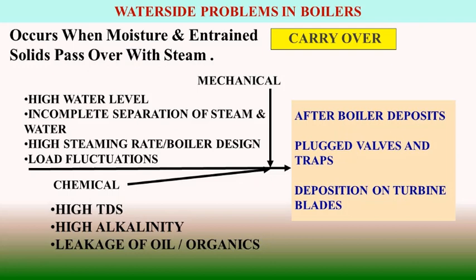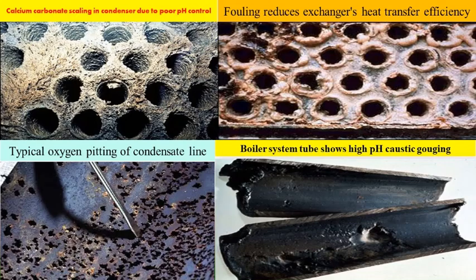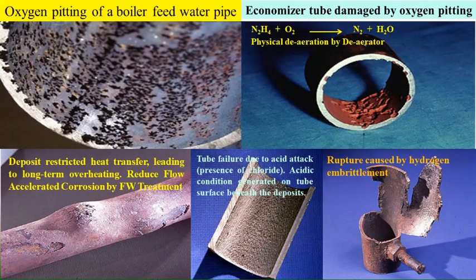Here we are showing a few impacts of impurities in the tube metal passages, due to calcium carbonate scaling in the condenser, or fouling in the heaters, heat exchanger, heat transfer surfaces, or in the condensate line, oxygen pitting, or high pH caustic gouging in the water wall tubes.